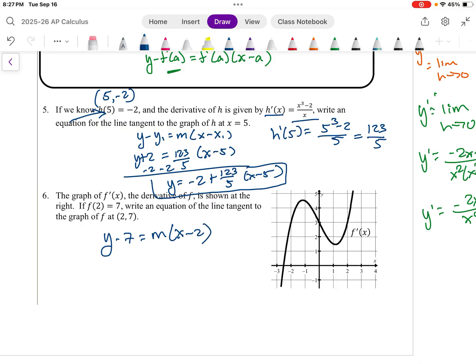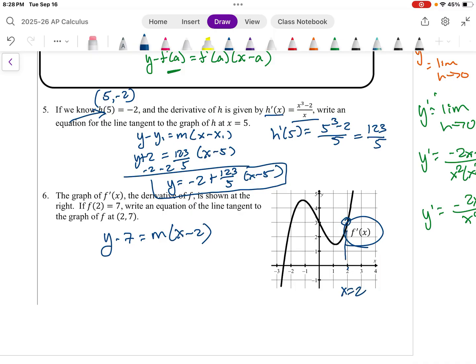So I can go ahead and fill that in. Now here's where we have to be careful. They told us that this is the graph of the derivative. So what we want to figure out is, what is the y value when x is 2 on the derivative graph?